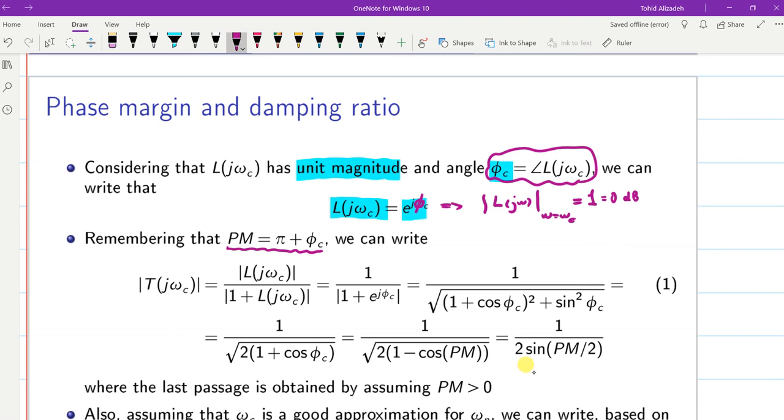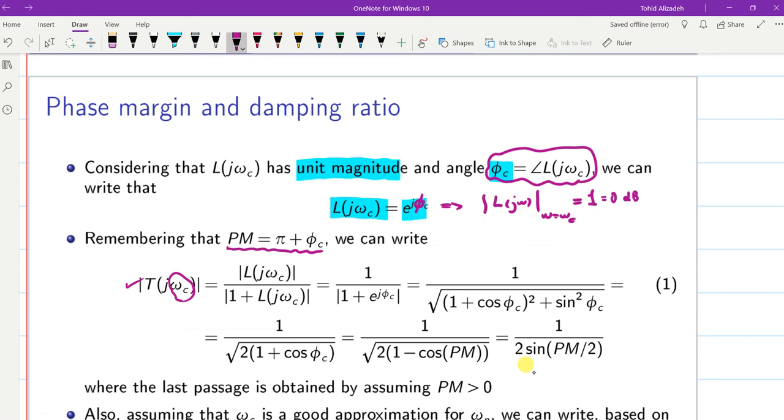Now, for amplitude of T of j omega, we can set omega equal to omega c. We can write it in this form. It's equal to amplitude of L over amplitude of 1 plus L. Amplitude of L is equal to 1, and at the denominator we replace L of j omega c with e to the j phi c.